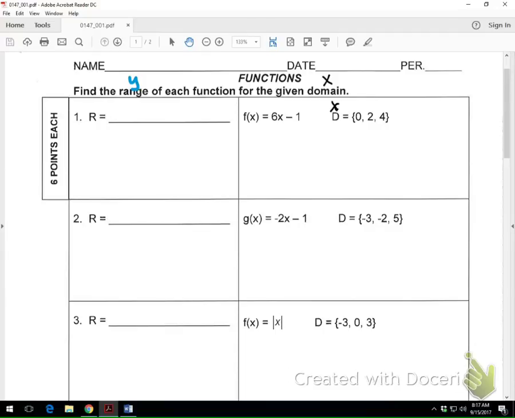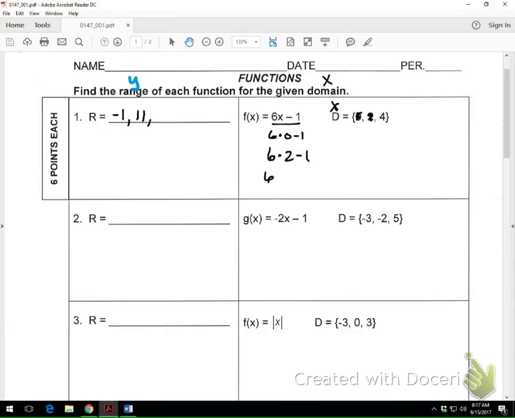So like this one, you're going to have three equations. You're going to have 6 times 0 minus 1. What's 6 times 0 minus 1? Negative 1. So your first one would be negative 1. Then, okay, the 0's done, so you move to the 2. 6 times 2 minus 1 is 11. Okay, the 2 is done.